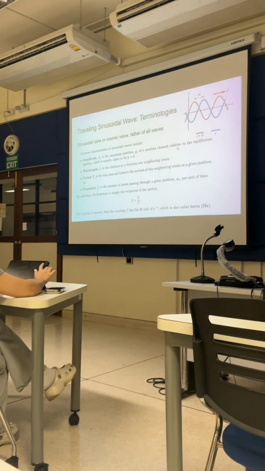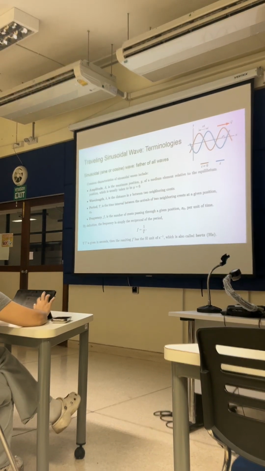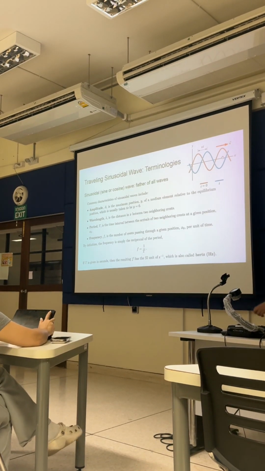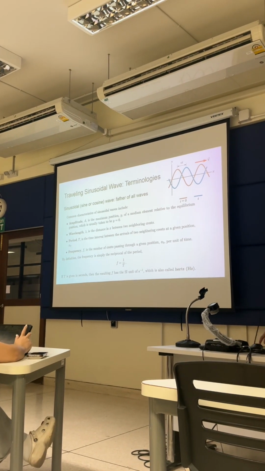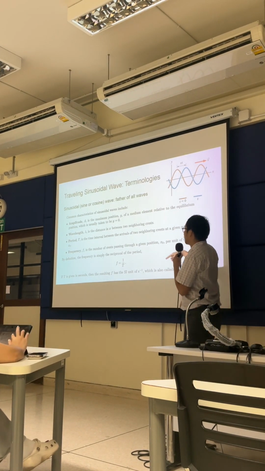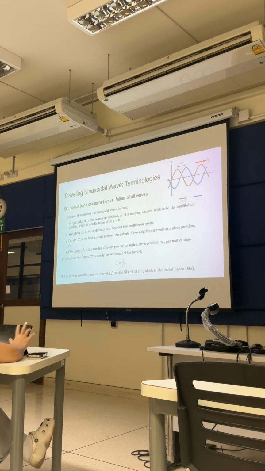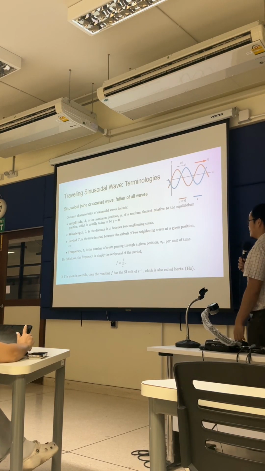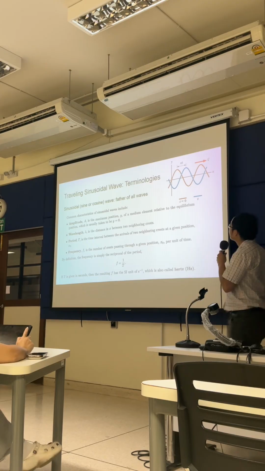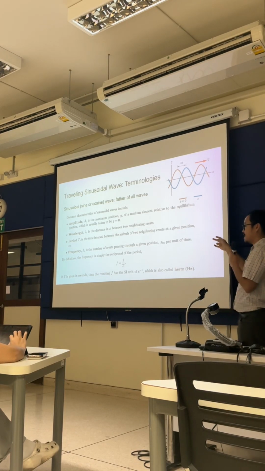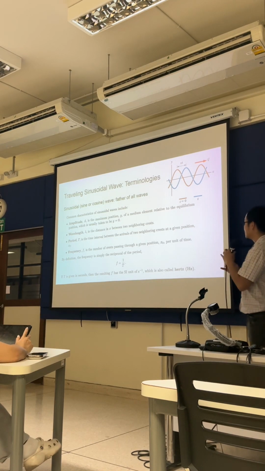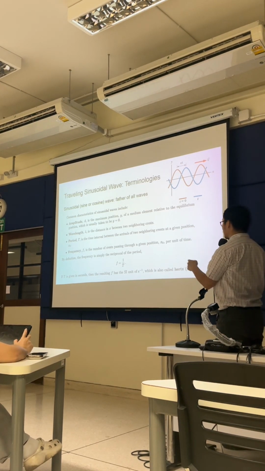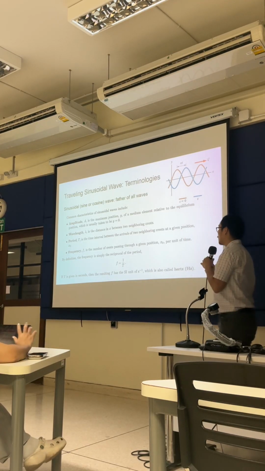Now, if we are here, we see one peak passing through when t equals 0, and then we wait until t is capital T, which is the period. That is the time we see the next peak passing through the same position. So if we let the time pass and we time the interval that it takes for two neighboring peaks to pass through, then that is the period of the wave.